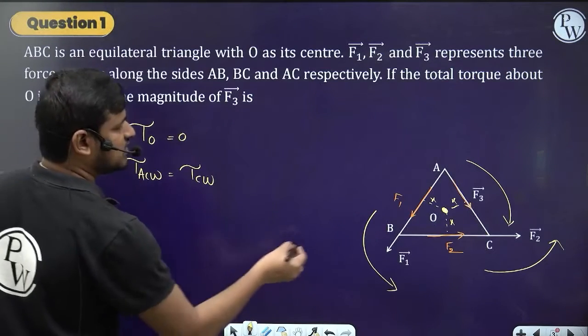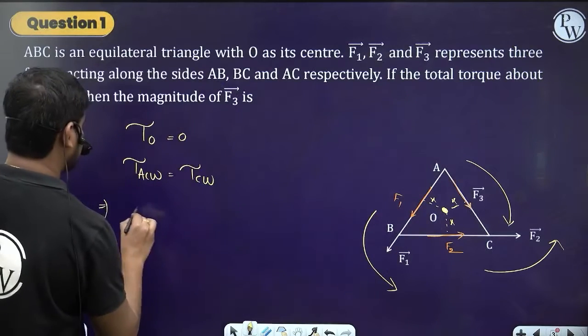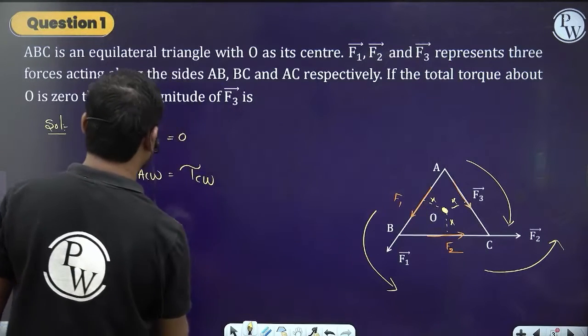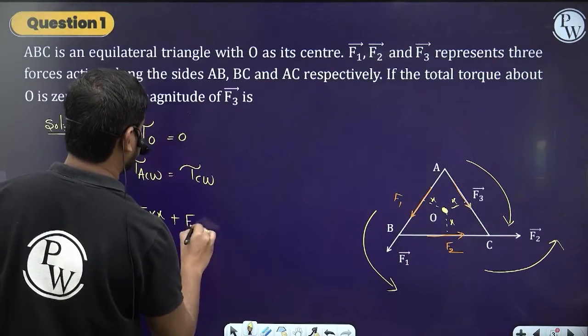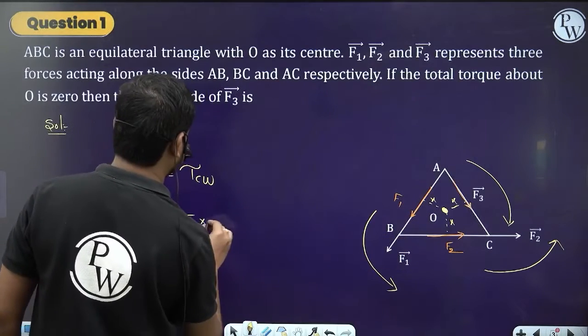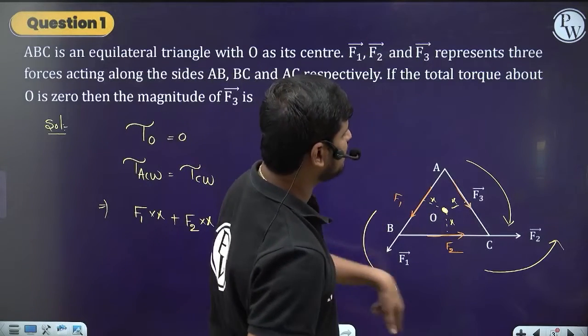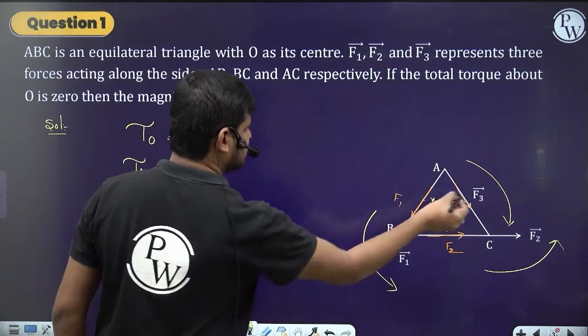So what is the anti-clockwise torque? It is F1 into X distance, plus the torque F2 into X distance. These two are anti-clockwise. Clockwise we have the force F3 into X distance from the center.